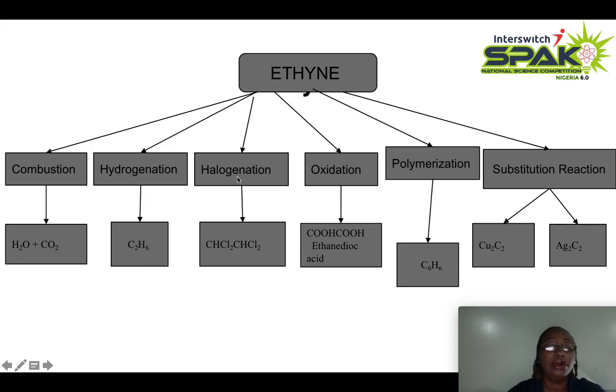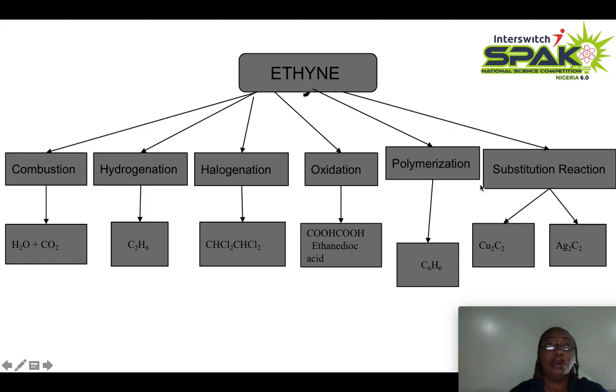It undergoes halogenation to give 1,1,2,2-tetrachloroethane. Then it undergoes oxidation to give ethanedioic acid, and polymerization to give benzene.